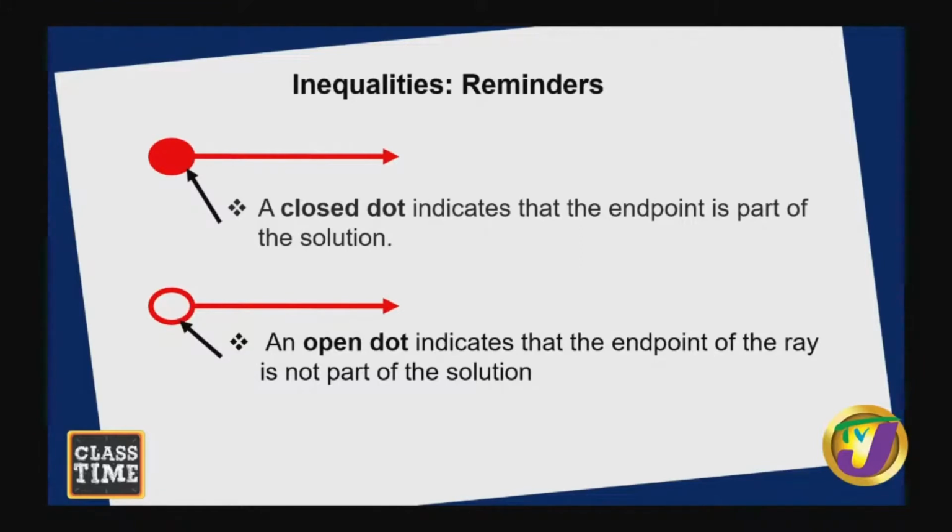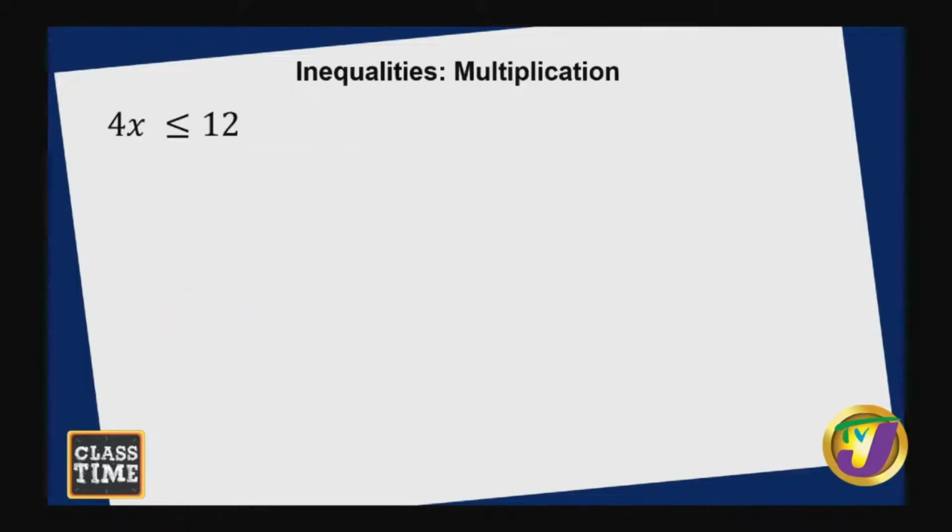Let us look at the inequality with multiplication now. We looked at addition, we looked at subtraction. Now multiplication. We have 4x is less than or equal to 12.